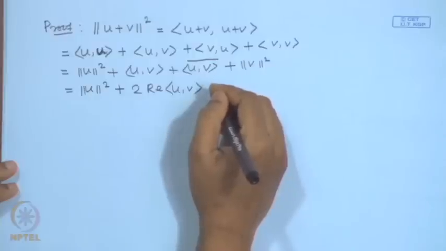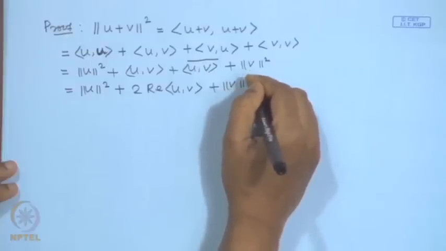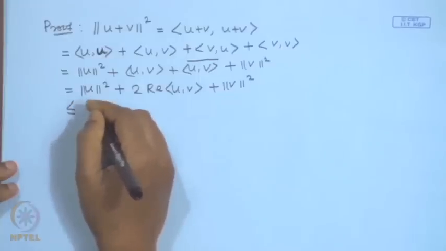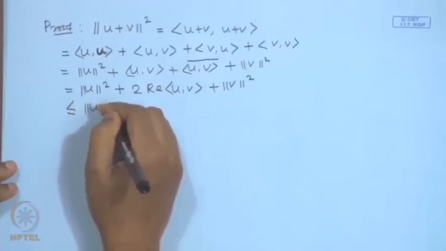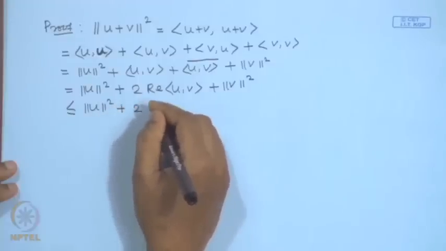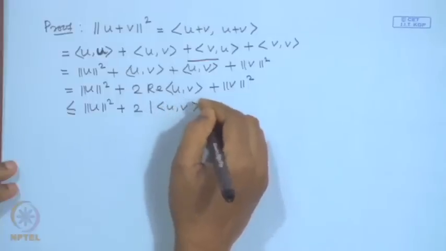the inner product of u and v plus the square of norm of v, and this is less than or equal to the square of norm of u plus 2 times the absolute value of the inner product of u, v.